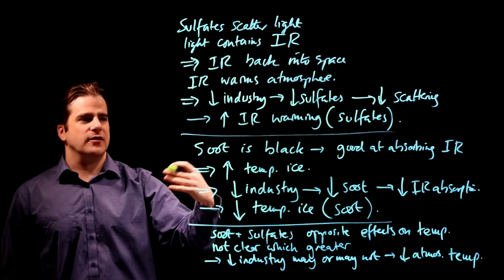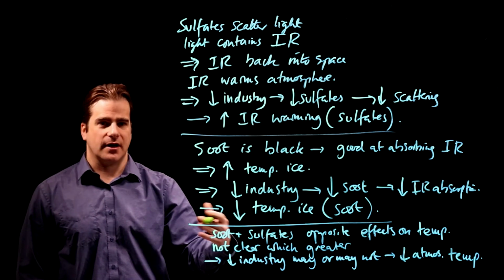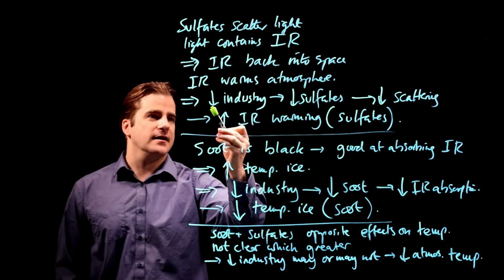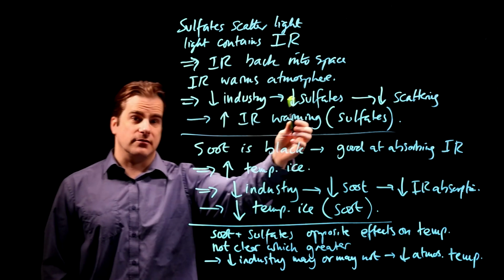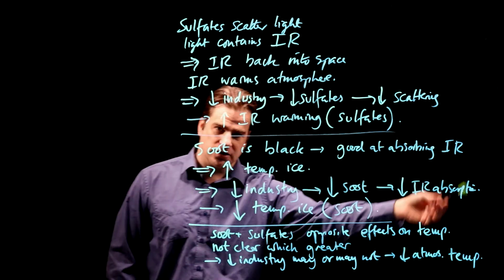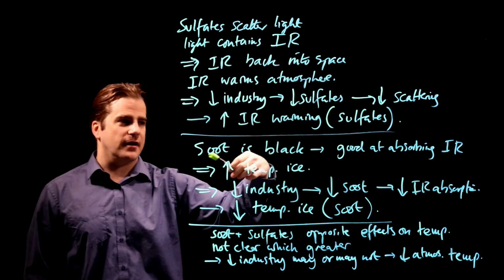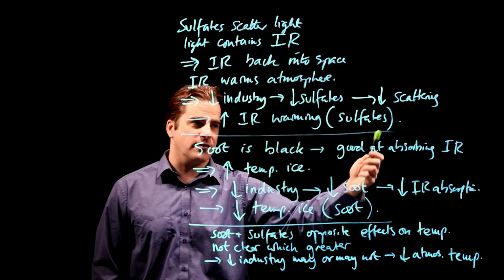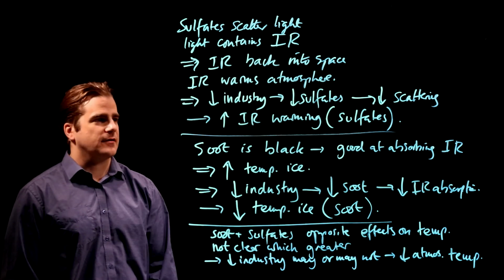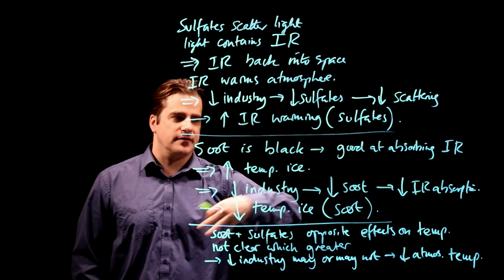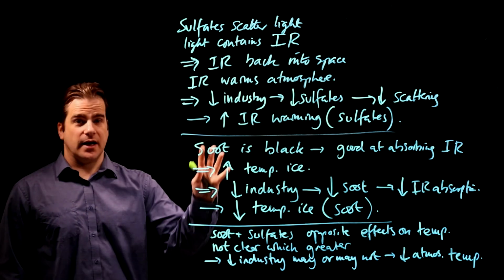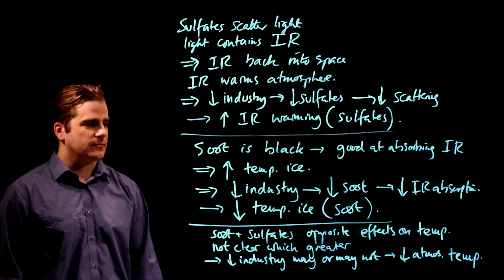It's almost like you're treating the examiner like a 6-year-old. You have to explain it really clearly, okay? A reduction in industry leads to a reduction in sulfates, therefore a reduction in scattering, therefore the infrared warming will increase because there's less scattering due to sulfates. Okay, and that should get you the 6 marks. Good luck.